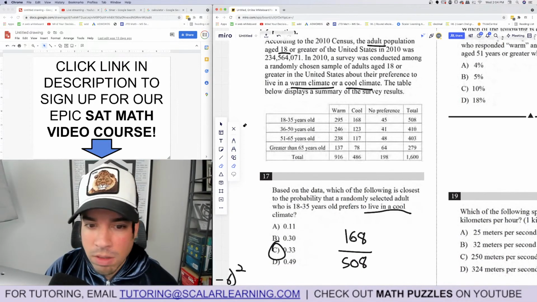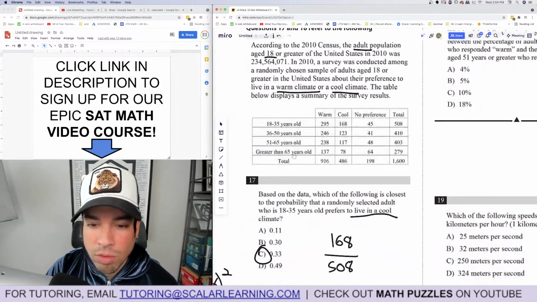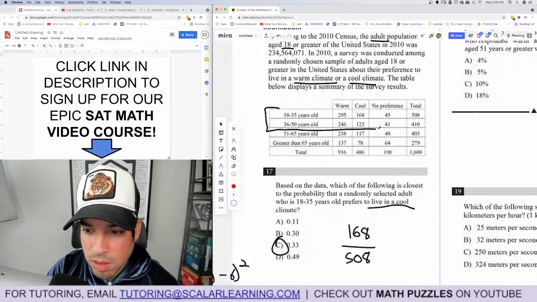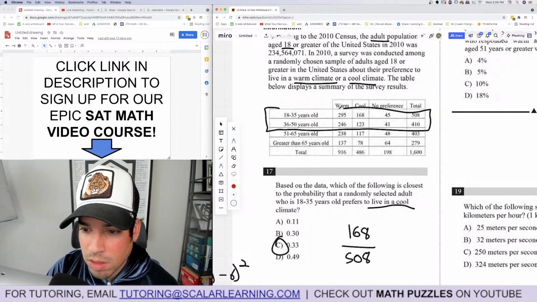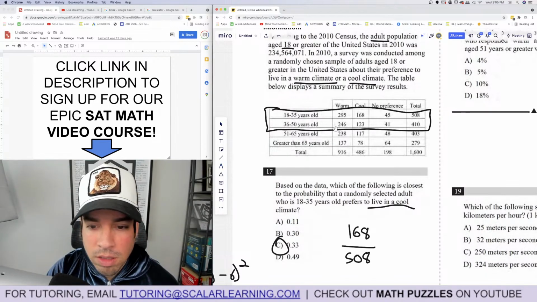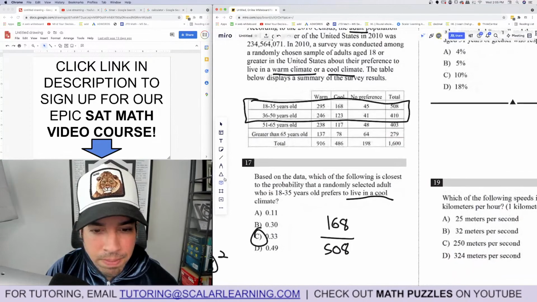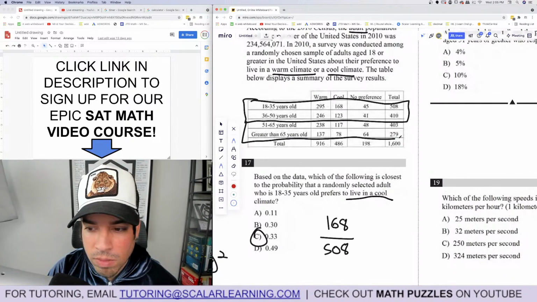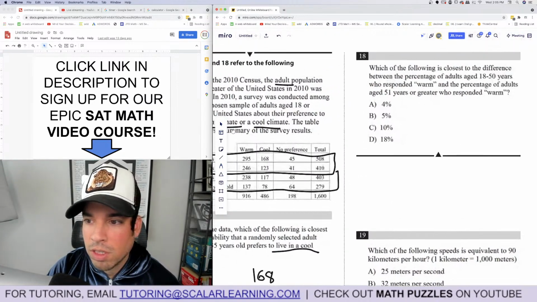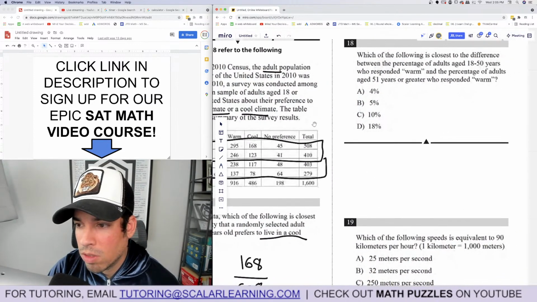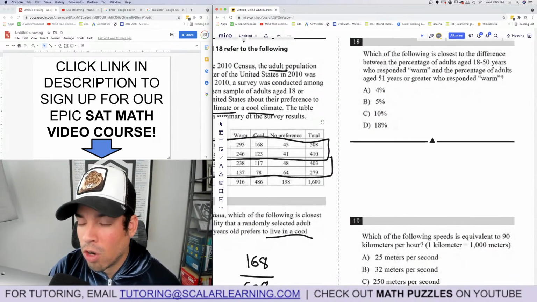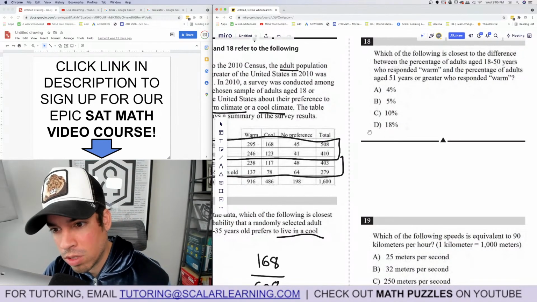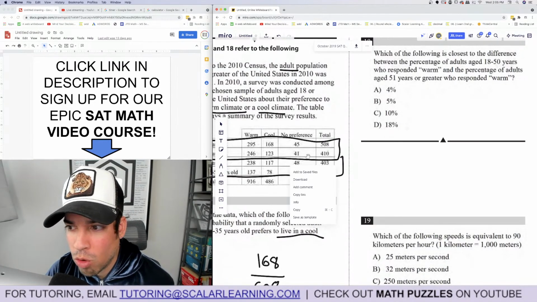So the original thing, 18 through 50, so it's this whole bracket, against 51 or greater, right? Okay, hold on. I just have to understand this. We have to take it out of their respective totals because it's the percentage of those adults. Okay, and we're talking about warm and warm.